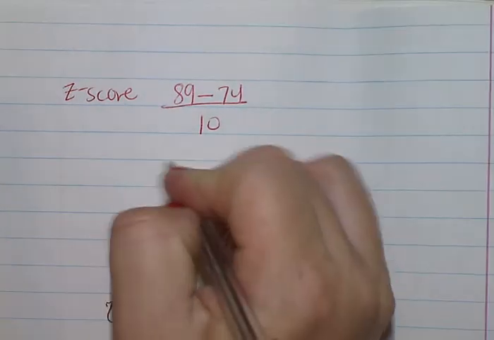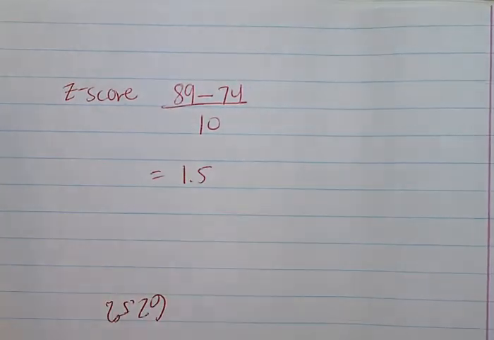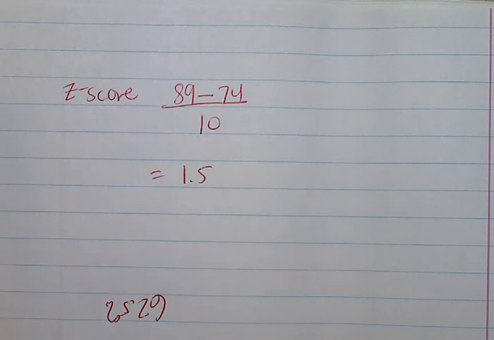Now, would we consider his z-score to be a positive or a negative 1.5? Why? Because he's above the class average, okay? Because he's above class average, your z-score is anything above, in this case 74%, would be positive, anything below would be considered negative.